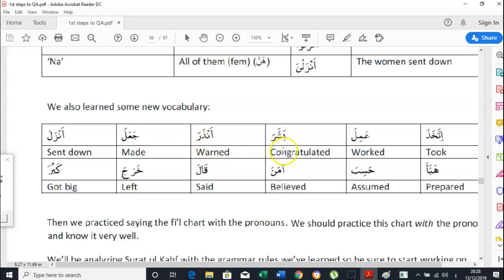Okay, next one. Let's do Bashara. So you can say silently. How do I say you congratulated to a male? You're putting a pronoun there. So you should think what pronoun goes inside of it.